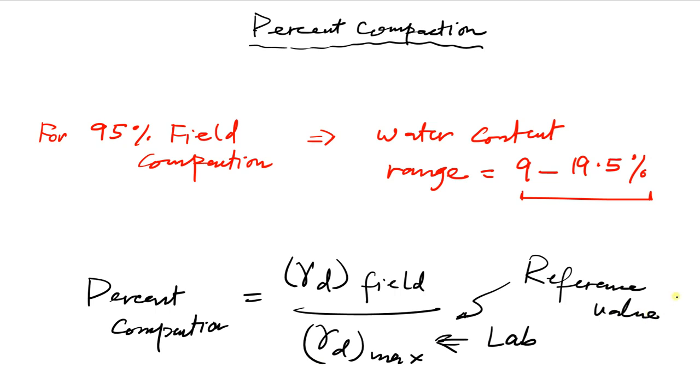This test is performed so many times when we are working on a road project or whenever we are working on a dam project. Whenever we are going to select a soil for use in the project, we bring that soil into the lab and find out the gamma d max and optimum water content, and that will help us in achieving compaction in the field.